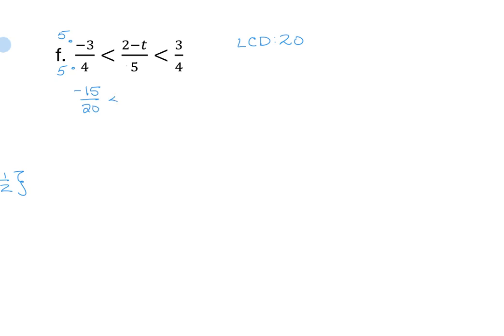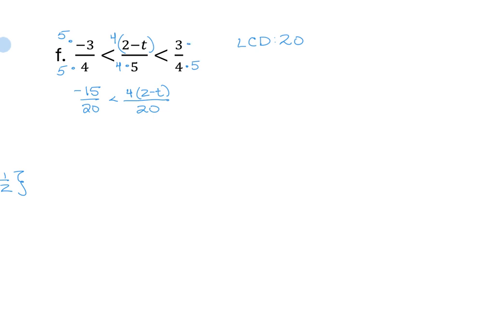In the middle, I need to multiply by 4 to the bottom, and we're going to multiply the entire top by 4 as well. And so we get 4 times 2 minus t over 20. And then lastly, on the right, to get from 4 to 20, we want to multiply by 5.